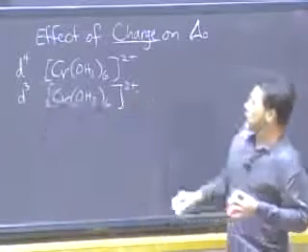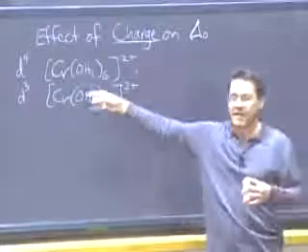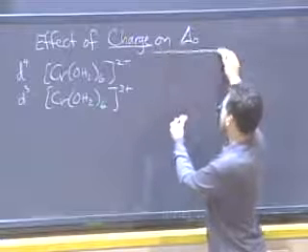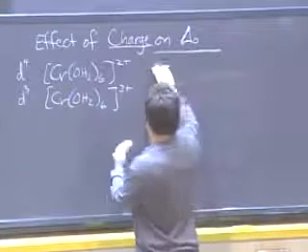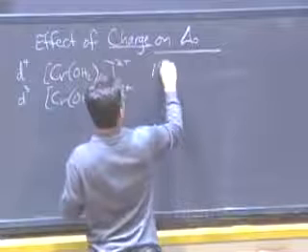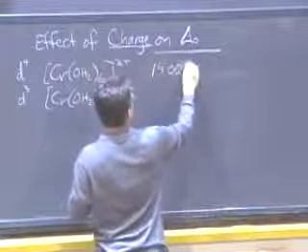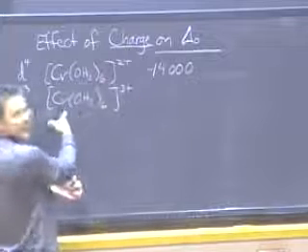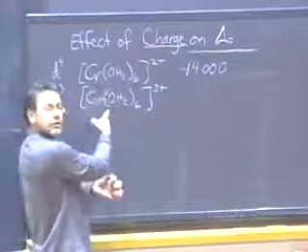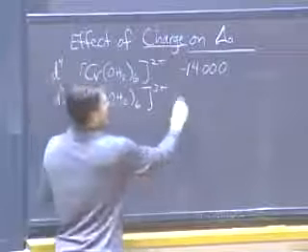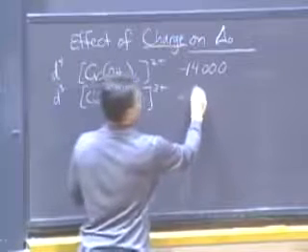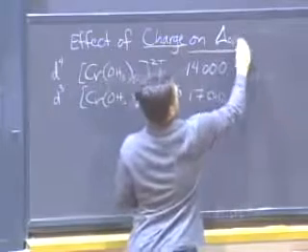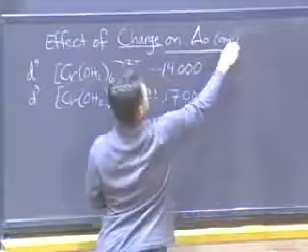So you should practice going from a formula into the DN count, and then we can look at what delta O does. This is roughly 14,000 wave numbers. And then when we oxidize from 2+ to 3+, higher charge on the central metal, delta O shoots up to approximately 17,000, and this is in reciprocal centimeters.